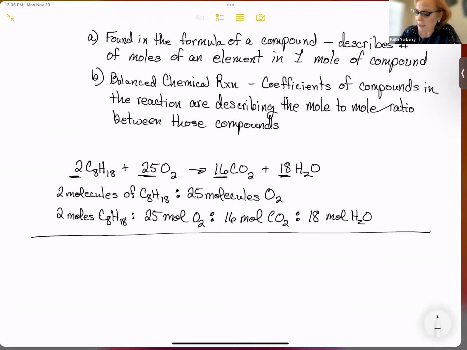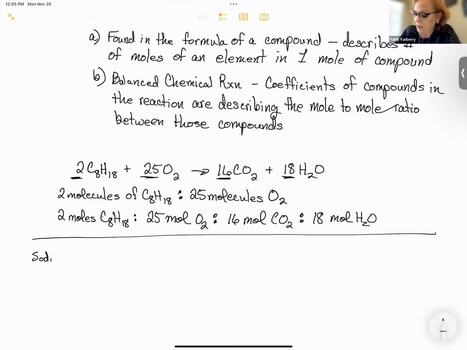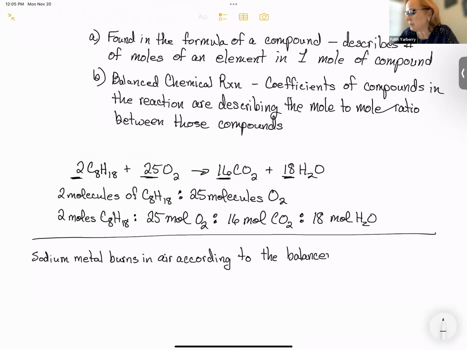So let's look at an example problem. Sodium metal burns in air according to the balanced reaction for 4 Na plus O2 goes to make 2 Na2O.